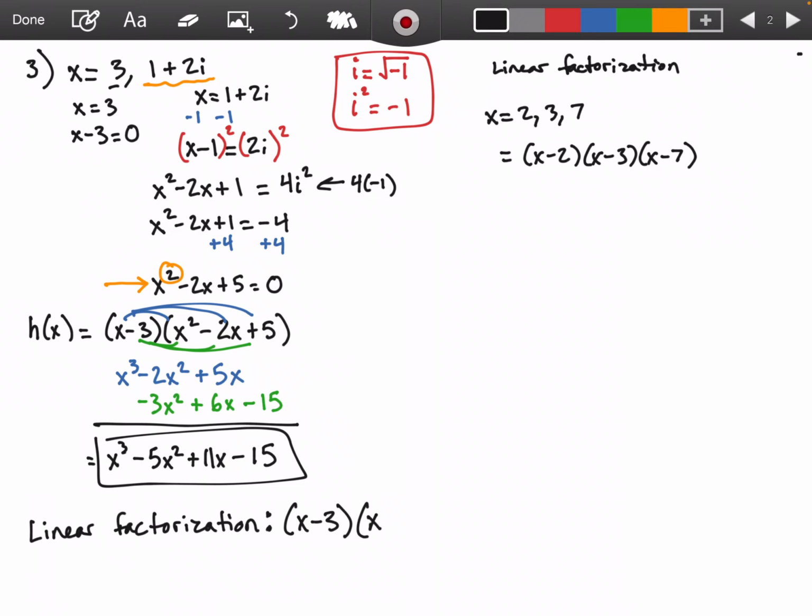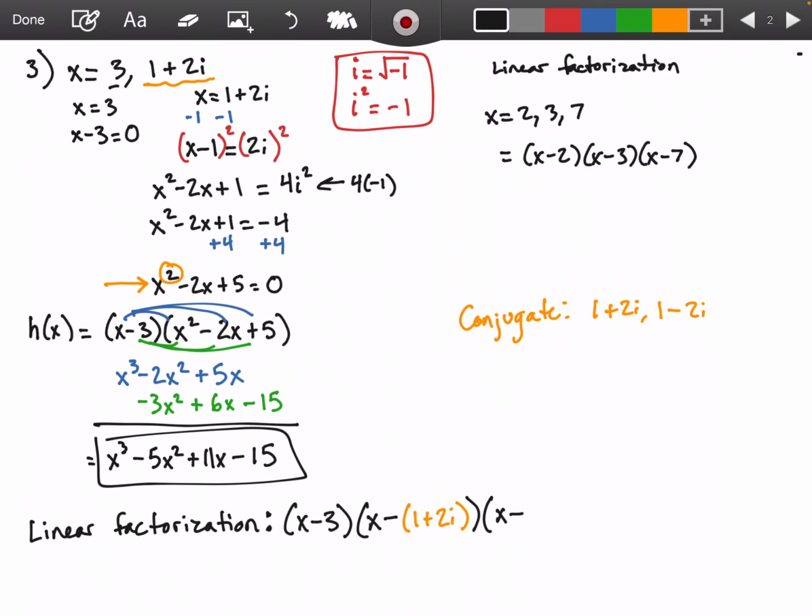So we have x minus, and then 1 plus 2i. But as a reminder, that only represents one solution. This should be 2 because it comes in a conjugate pair. So the conjugate pair of 1 plus 2i, well, it's just the plus or minus in front of the radical that switches, so it should be 1 minus 2i.